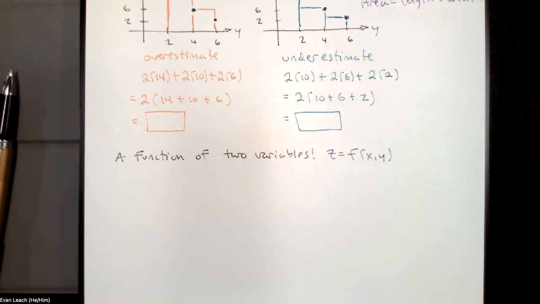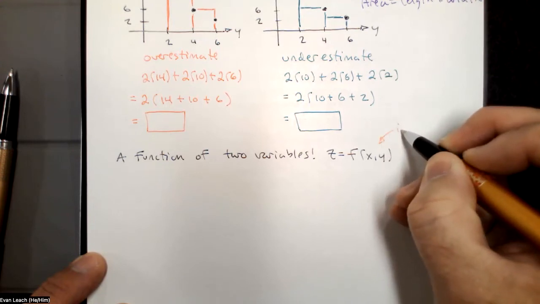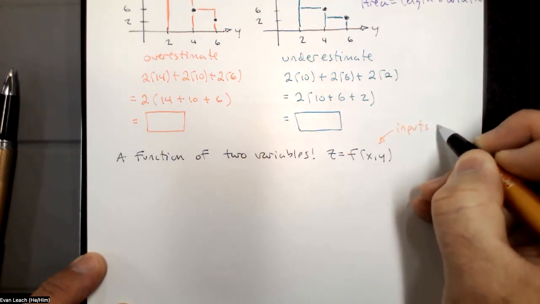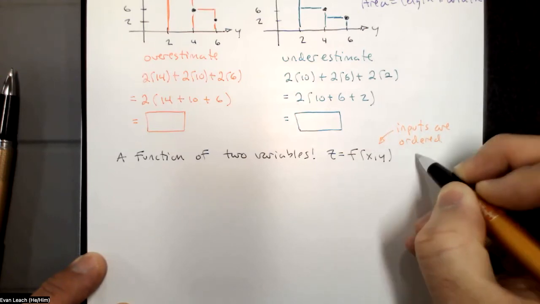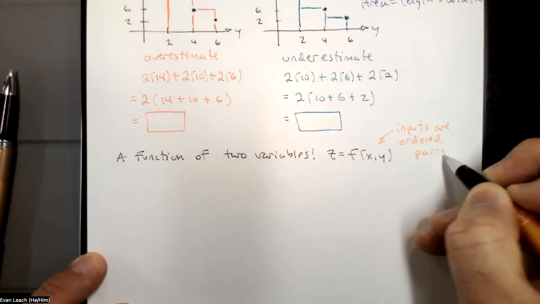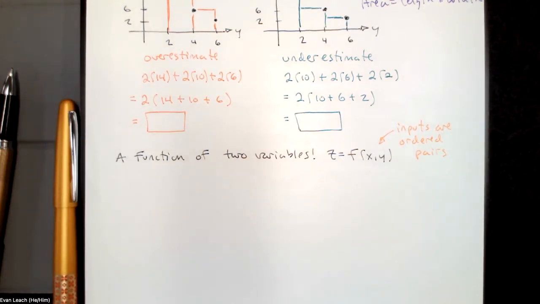So the inputs are ordered pairs. Then the output is just one value.